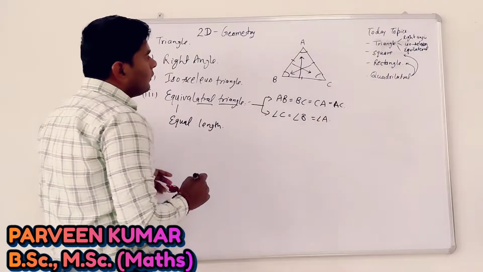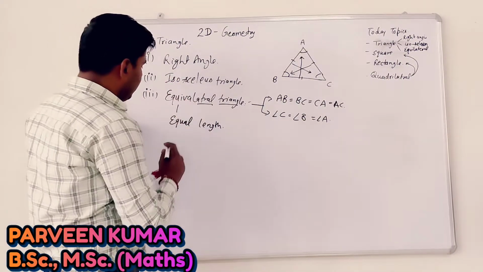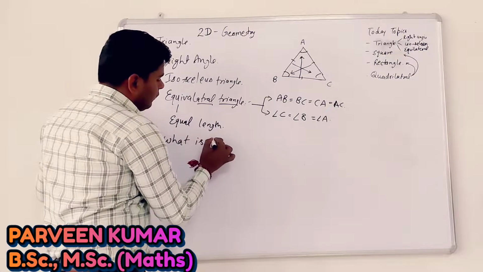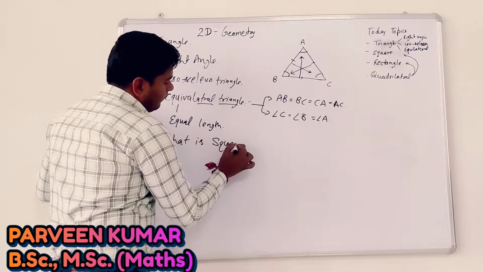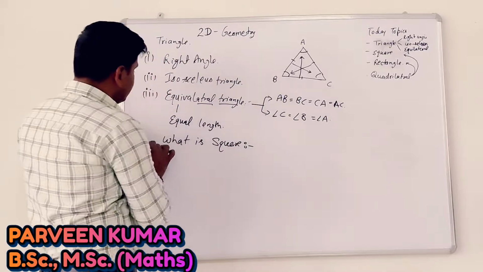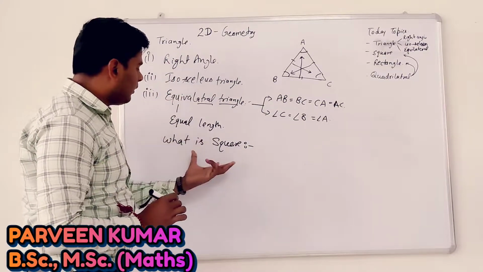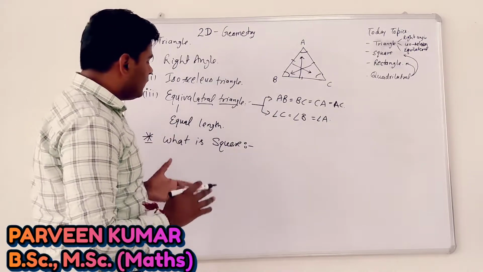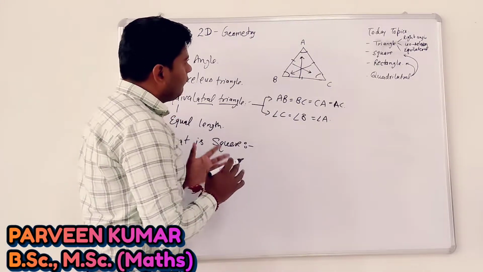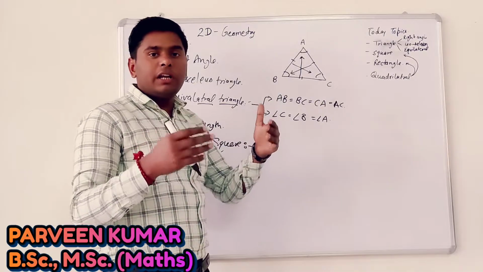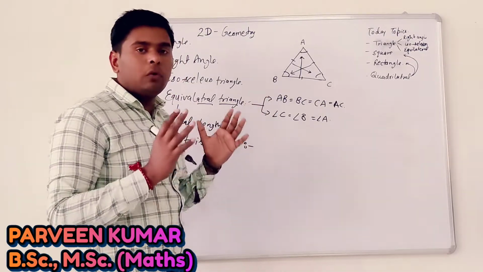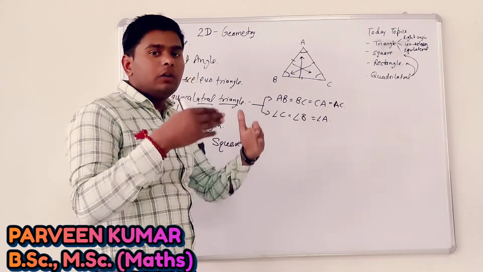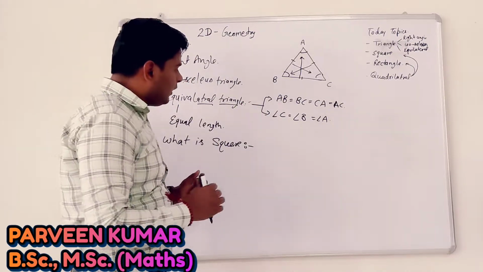Now we will discuss the square. What is a square? In geometry we will learn what a square is. A square is a figure which contains four lines and four angles which are all equal, and the angles are equal to 90 degrees.